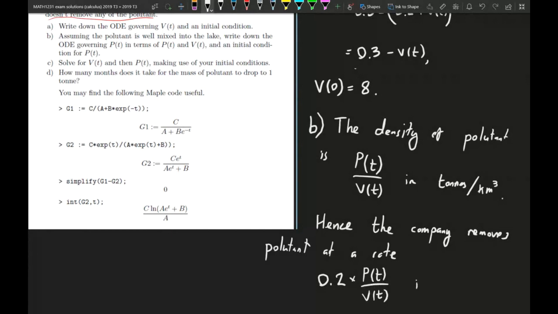And that is actually, because I've multiplied it out, going to be tons. The units on this is tons per month.